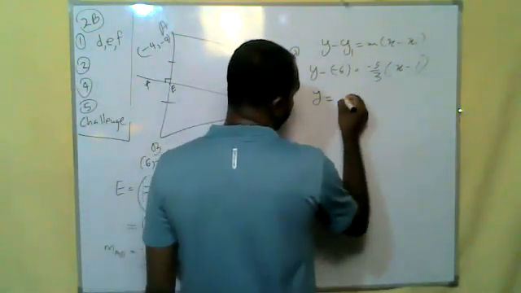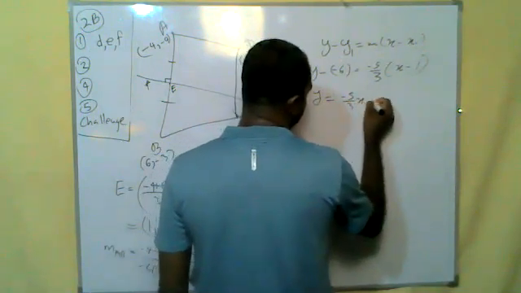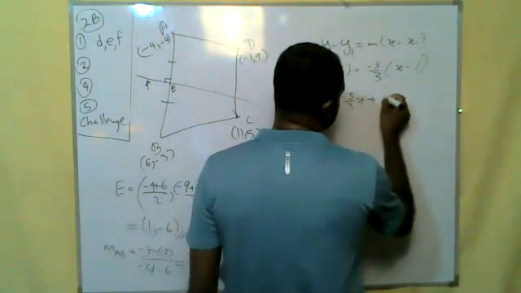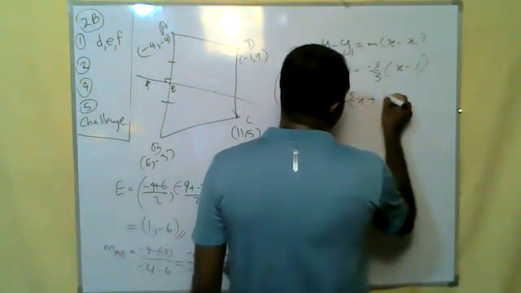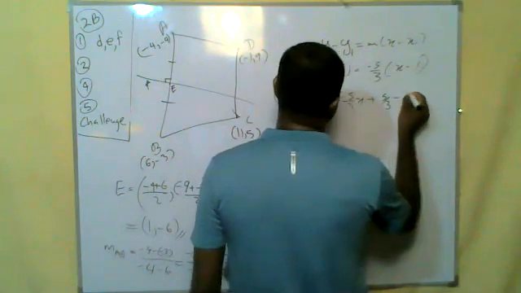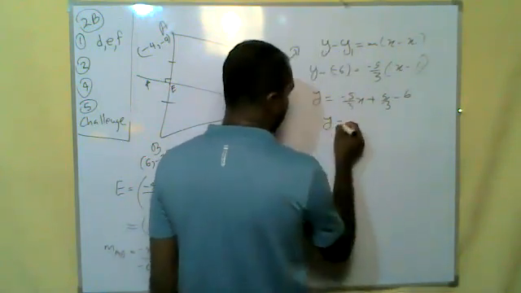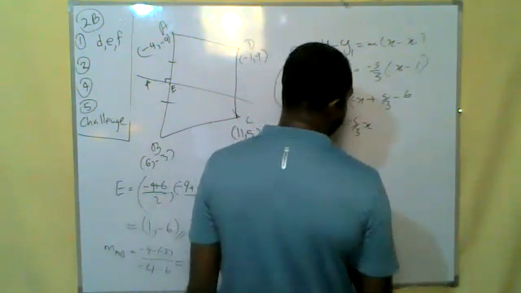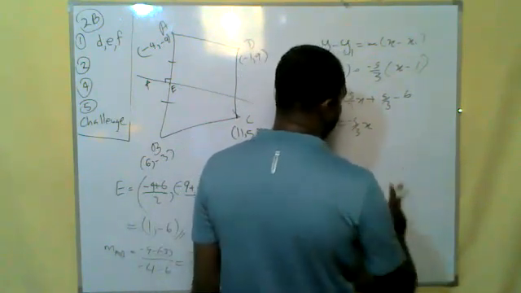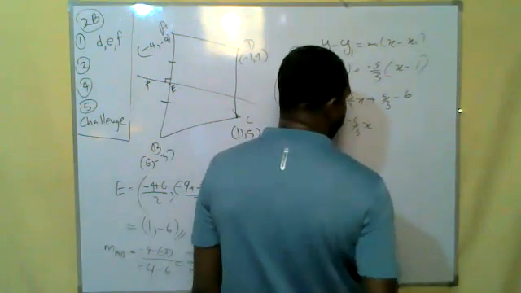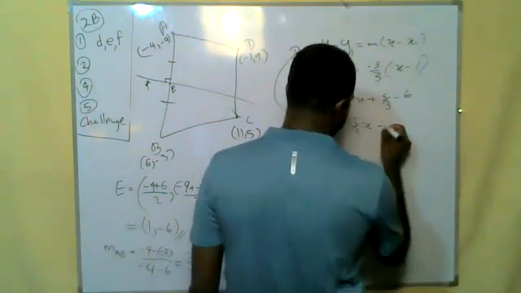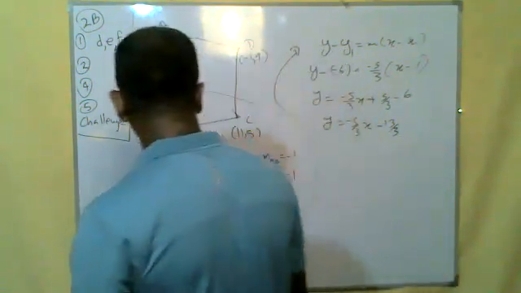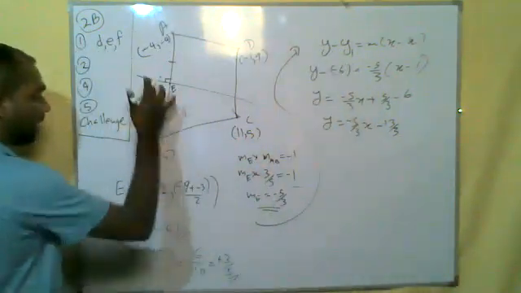So we got y equals -5/3 times x plus 5/3 minus 6. Y equals -5/3 times x, and if we simplify, -18 plus 5, so -13/3. This will be the perpendicular bisector of line AB.